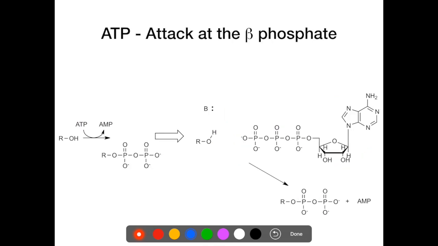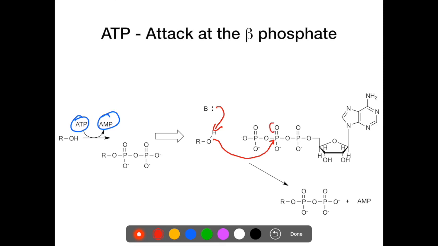The beta can be attacked. It's not seen as often, but you can tell the outcome of this product because we start with ATP, the AMP, the monophosphate falls off, and we have 2 phosphates that are attached. Again, my base will deprotonate the hydroxide. I will then proceed to attack at the beta.